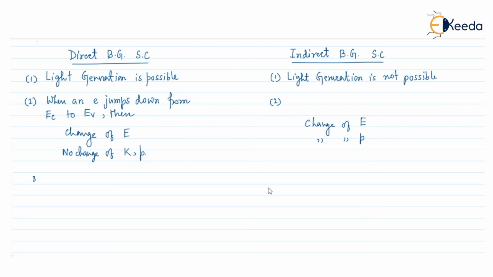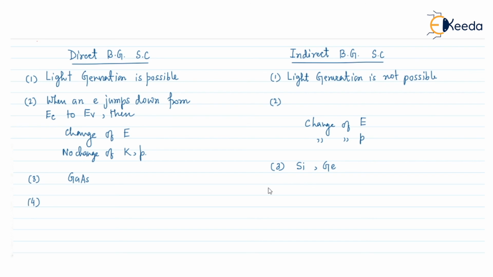In the third point, for example, gallium arsenide is a type of direct band gap semiconductor, and silicon and germanium are types of indirect band gap semiconductor.